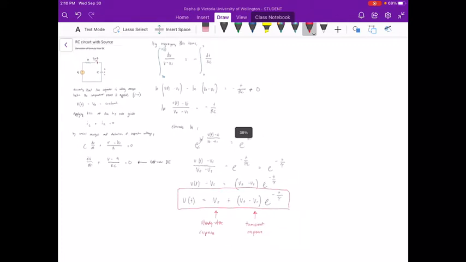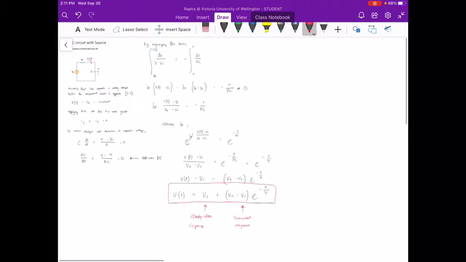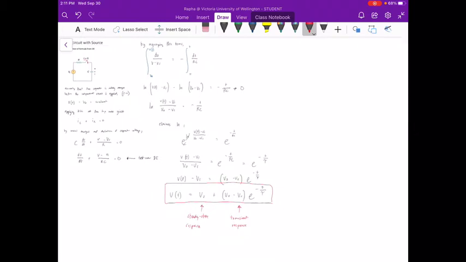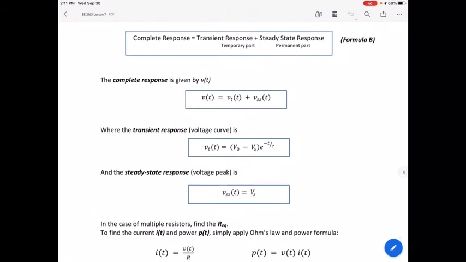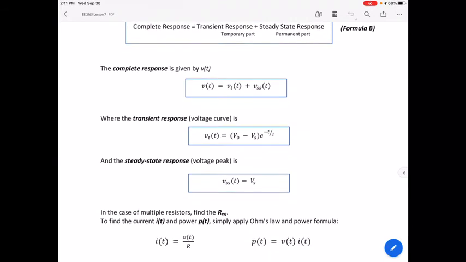So there you have it, the derivation of an RC circuit with a source. That is how we obtained this entire set of formulas.